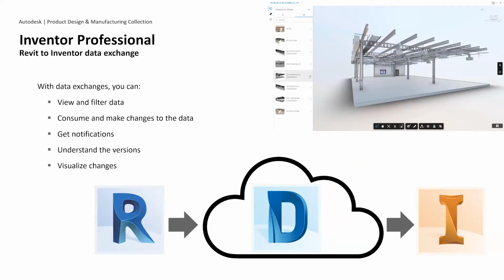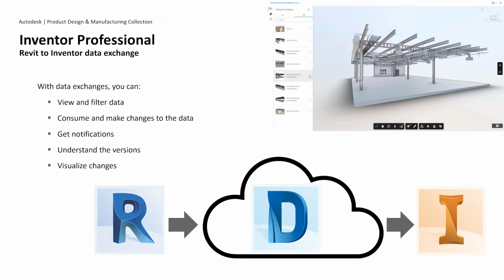A lot of work has been done for Revit users looking to share their data with the Inventor for custom fabrication. Earlier Inventor releases can already open Revit data and even choose the appropriate portion of the design for their needs. And I'm very glad to introduce you in Inventor 2023.